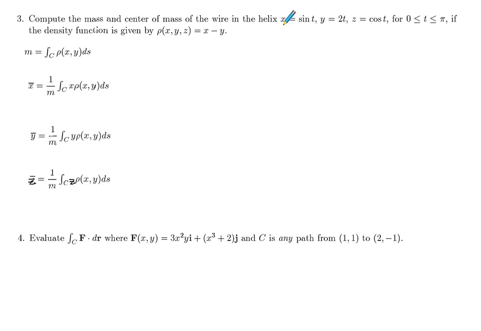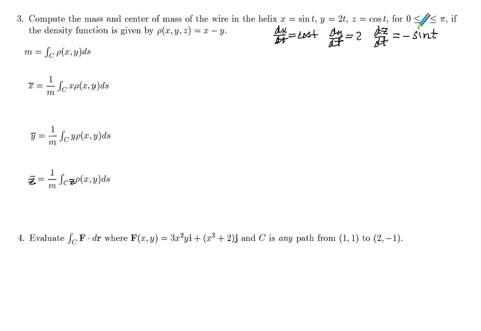Alright, so x of t is sine t, so then dx dt is going to be cosine t. Y is 2t, so dy dt is 2, and z is cosine t, so dz dt is equal to negative sine t.